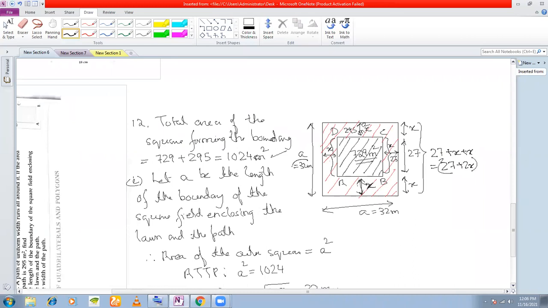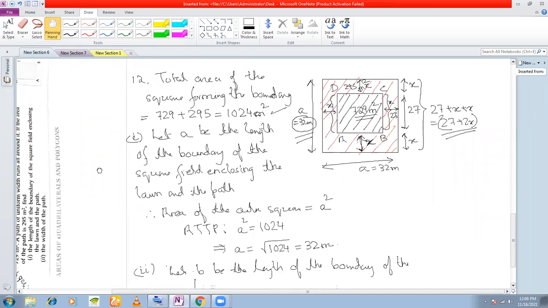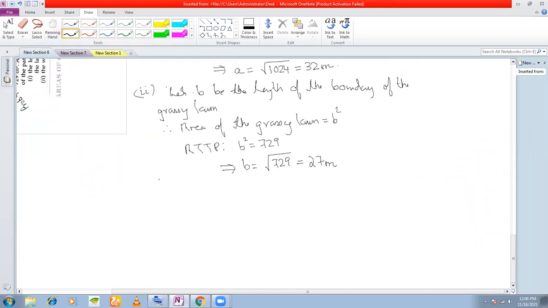But what is the total length? 32. So therefore, this 27 plus 2x must be equal to 32, right? And now you can solve this equation. 27 plus 2x is equal to 32, sorry, not 37.